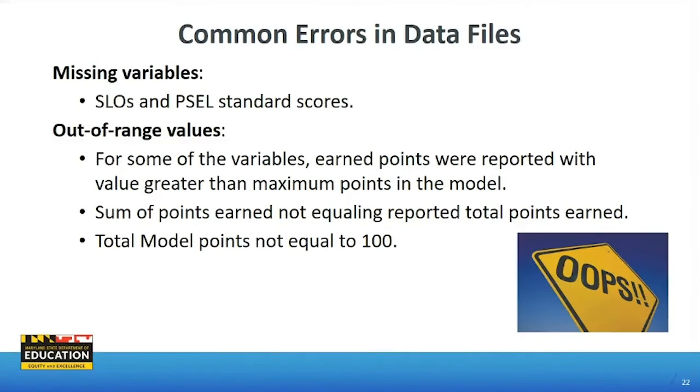So for some of the variables, the earned points are reported with a value greater than the maximum points in the model. For example, back to our P-cell of mission, vision, and value, sometimes it is reported that the maximum total points is 10, but the points earned is 12. Lastly, the sum of points earned sometimes doesn't equal the reported total points earned. So if you sum up all the columns, it doesn't equal the number reported at the end. And also, sometimes the total model points are not equal to 100 in the reported data.